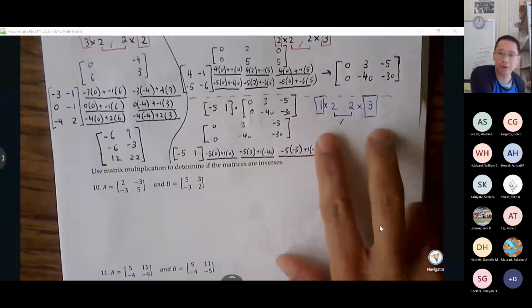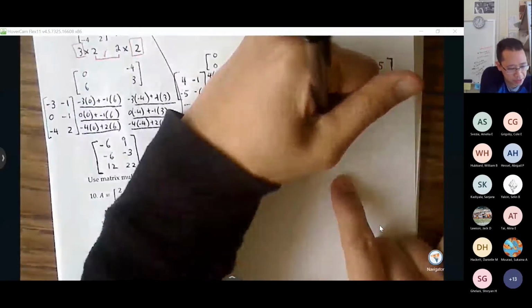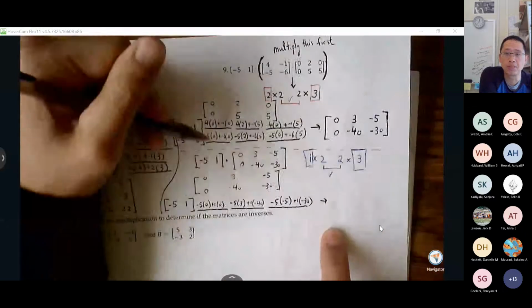We know we're ending up with a 1 by 3 matrix, so here's our resulting matrix after multiple steps.